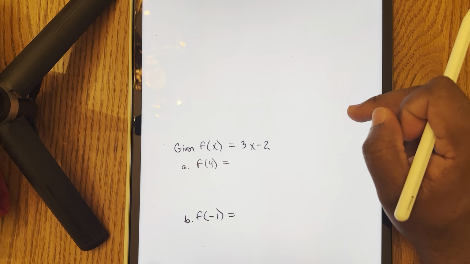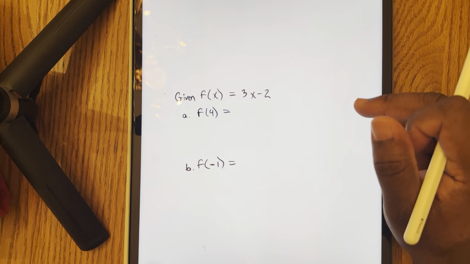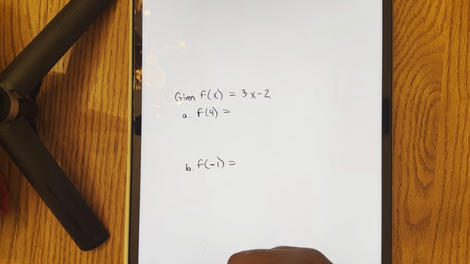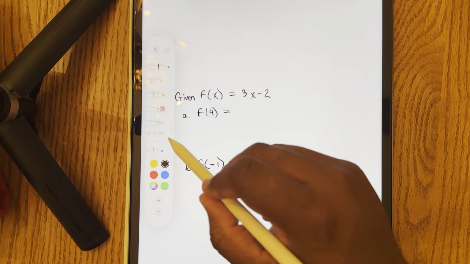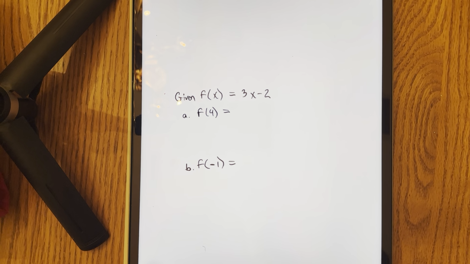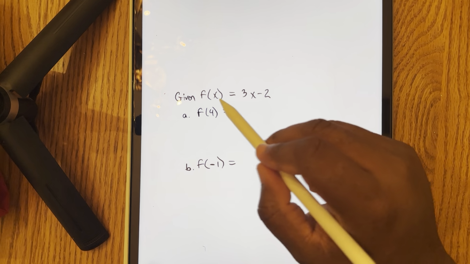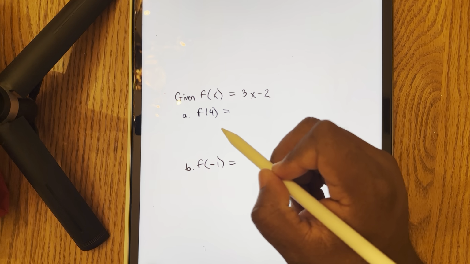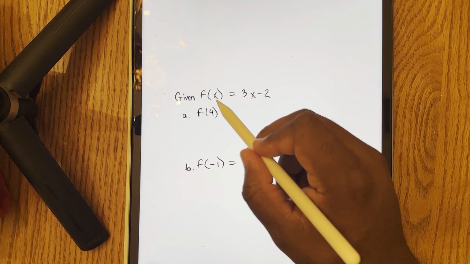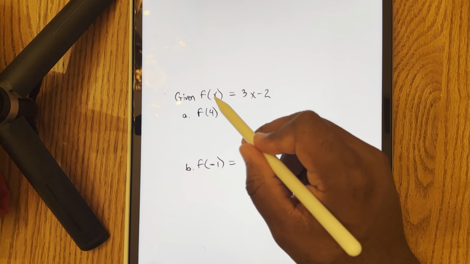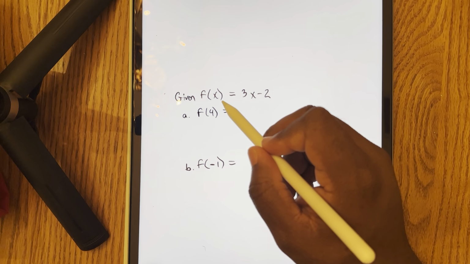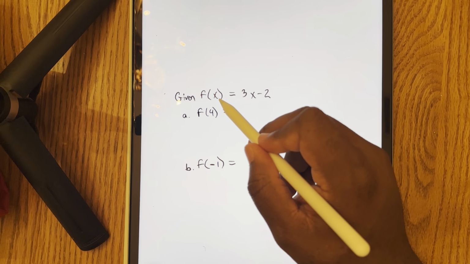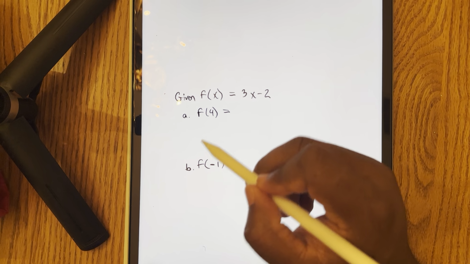Here we go. So let's say you're given the function f of x is equal to 3x minus 2, right? And in part A, they're asking you to find f of 4. Well, notice that from the given, you had f of x, that's how you read this, and the x has been replaced with a 4.